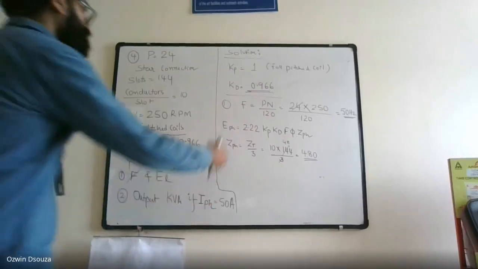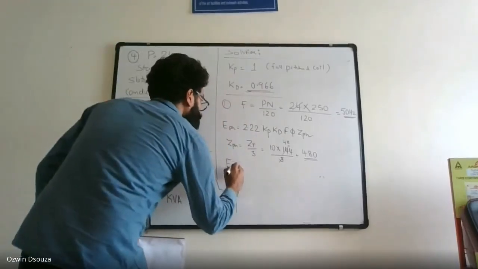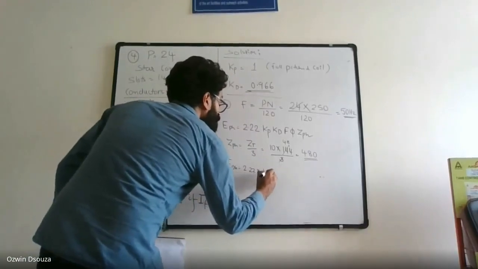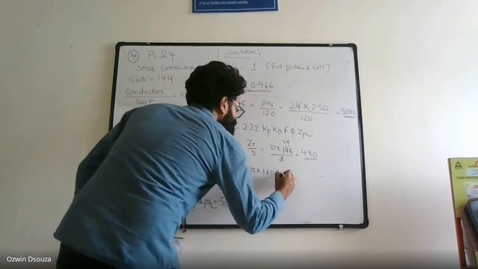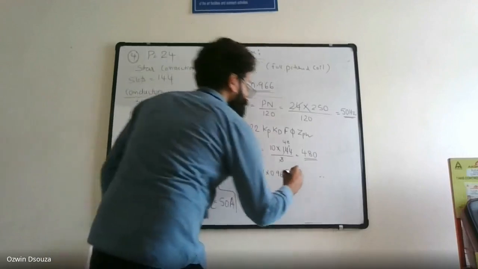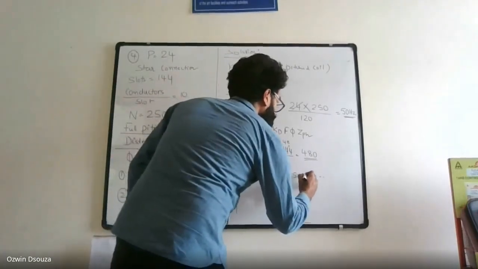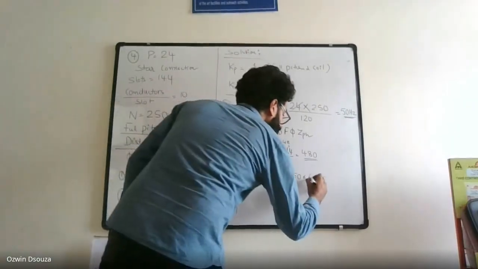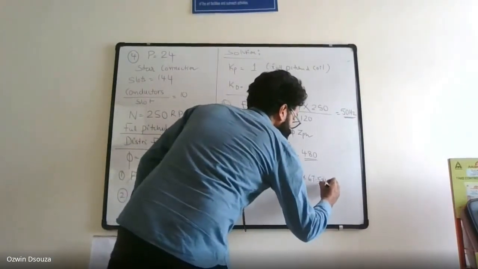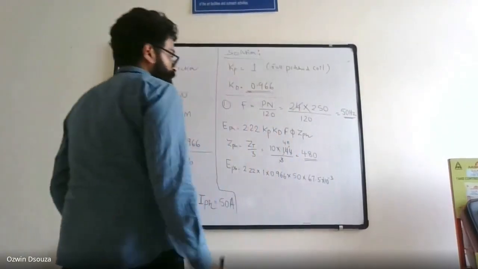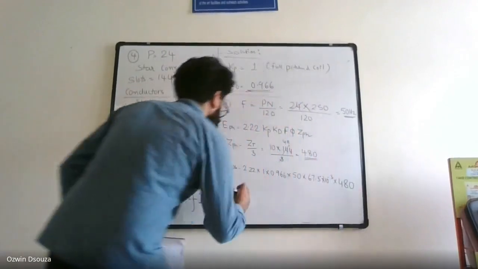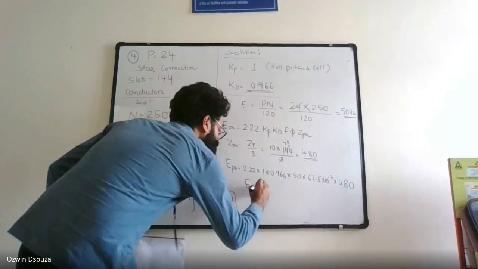Yes, sir, 480. Right, that's all we need. Next, you can find the phase voltage. So 2.22 into 1 into 0.966 into f into phi, 67.3, into 480. So we'll get E phase.